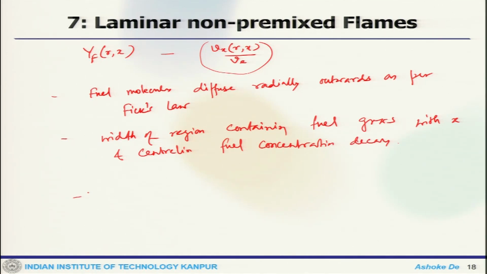Also, the mass of the fuel issuing from the nozzle is obviously constant, because fuel mass is also conserved, otherwise that will violate the mass conservation principle.